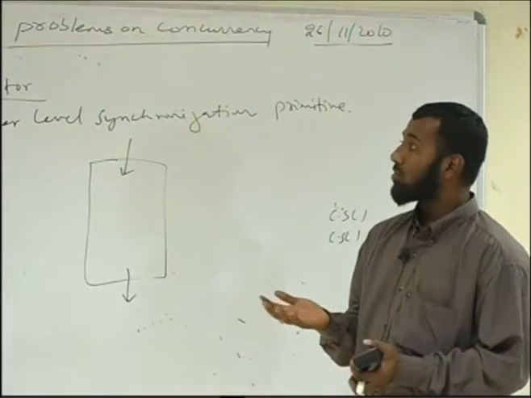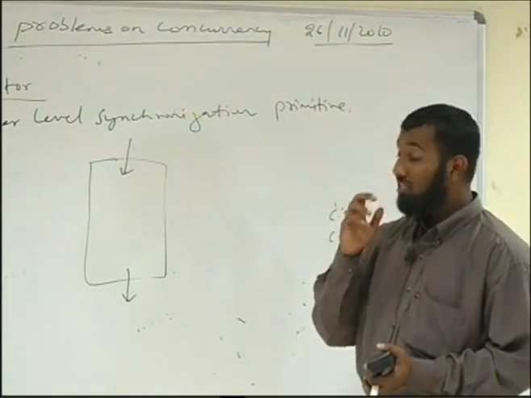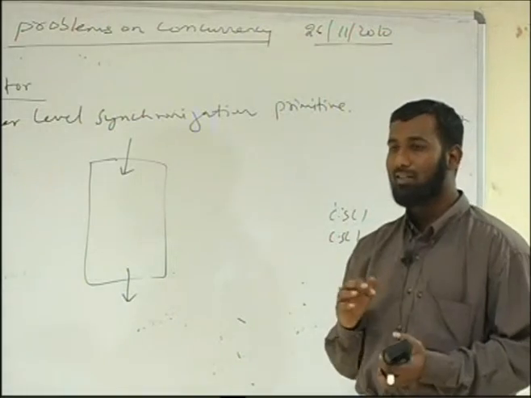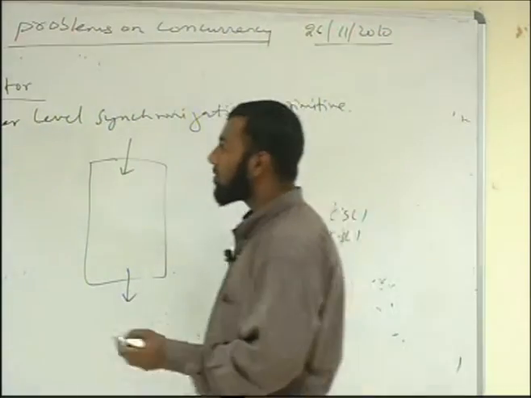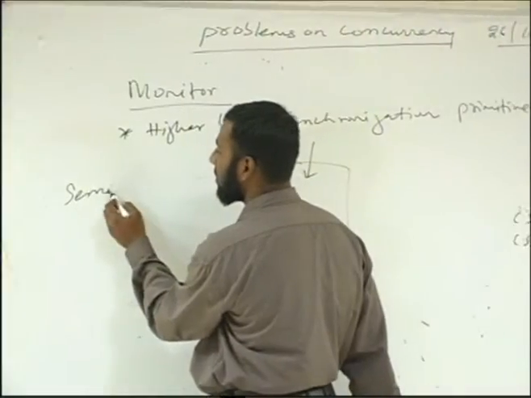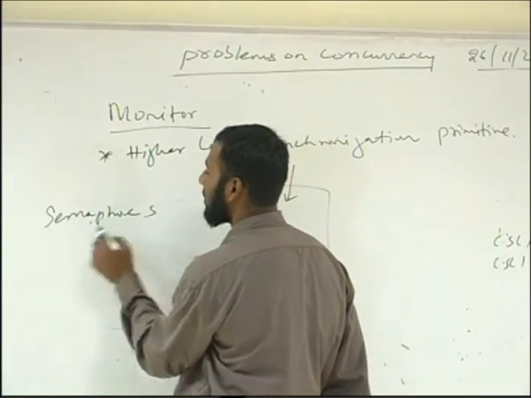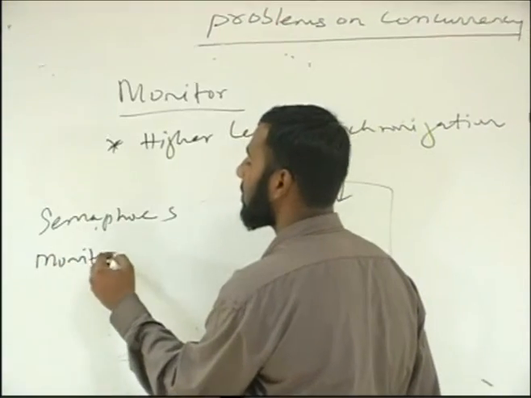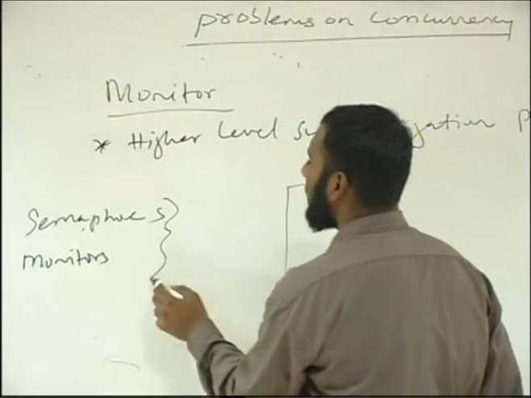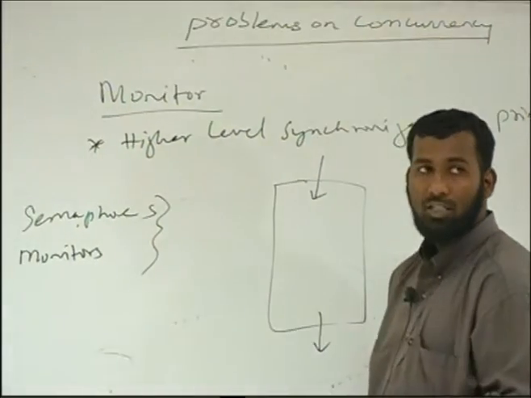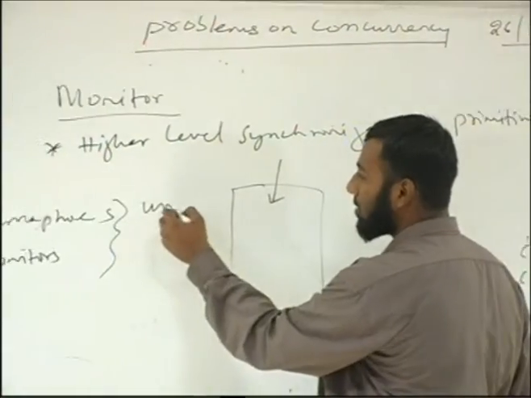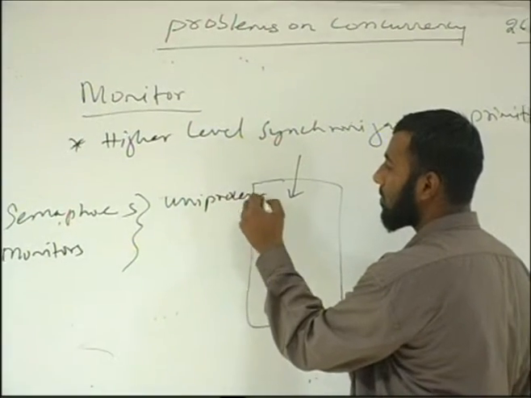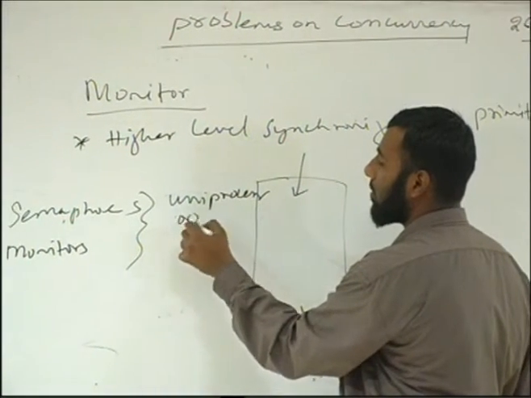But again these two synchronization primitives also have a few drawbacks. What are those drawbacks? The semaphores and monitors can be used for process synchronization only in a uniprocessor system or in a multiprocessor system.